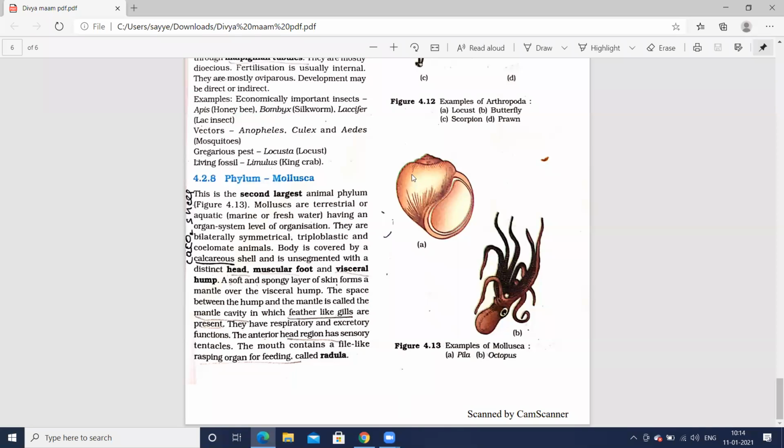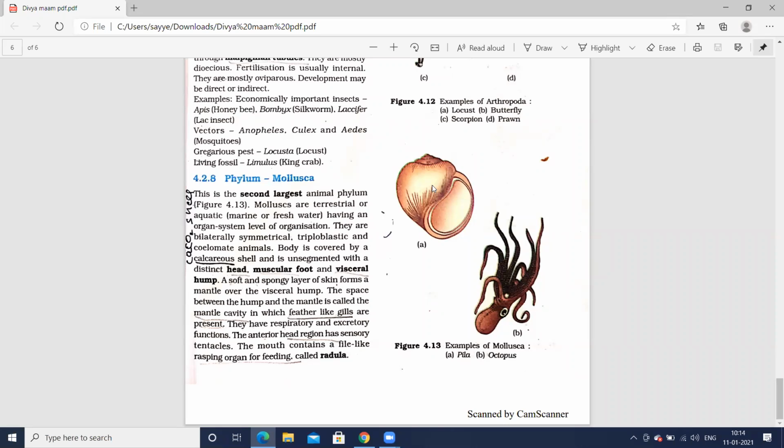And this swollen part, which looks like a big onion, is our visceral hump. Let's identify the three body parts again. What is this top part called? Head. Now the bottom one. Muscular foot. And the swollen middle part is your visceral hump.